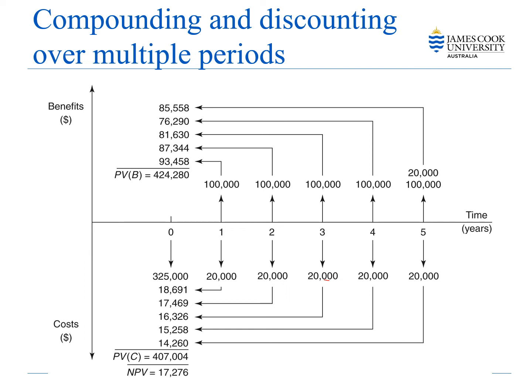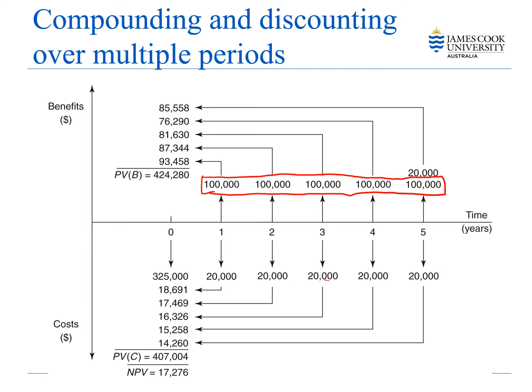Look at this timeline. Rather than discounting the benefit and cost item by items, we can actually observe some sort of nice feature of it. First one is this cash flow.